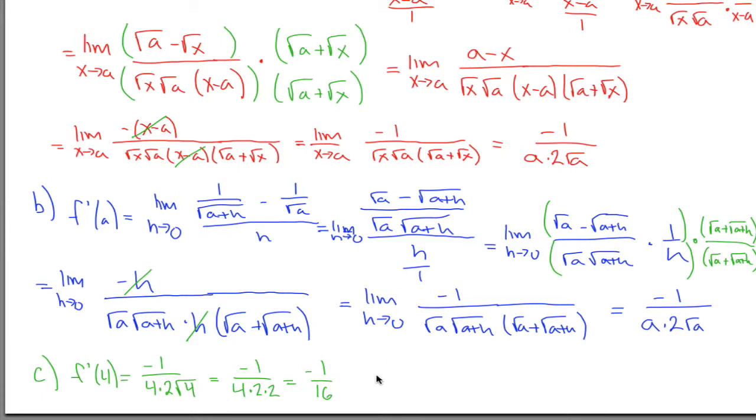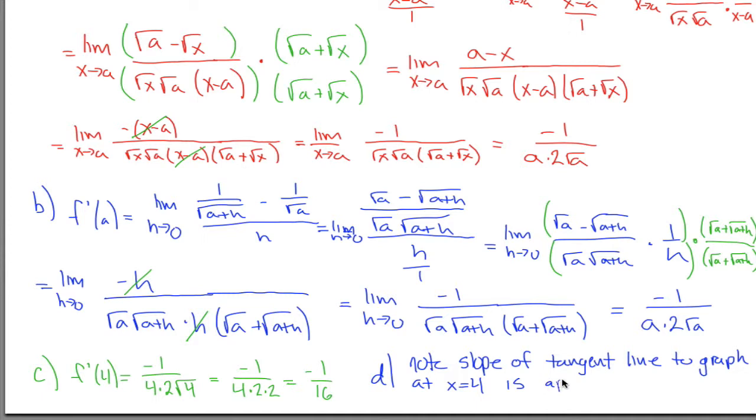So maybe I will just note: slope of tangent line to graph at x equals 4 is exactly equal to, looks like, I'm just going to say, is -1 over 16. If we drew the tangent line to that graph we had at x equals 4, the slope of that line would be -1/16, which is what this thing is showing you. Whew, all right, that's finally the end of this.